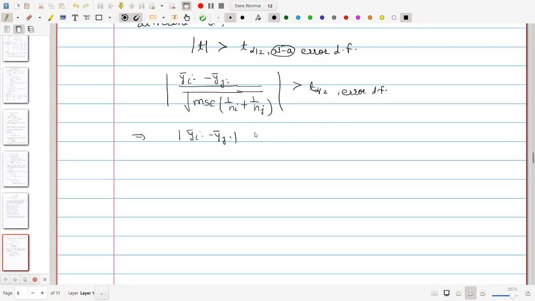Sending this to the other side, this will be greater than t alpha by 2, comma, error degrees of freedom into under root of MSE into 1 upon ni plus 1 upon nj.